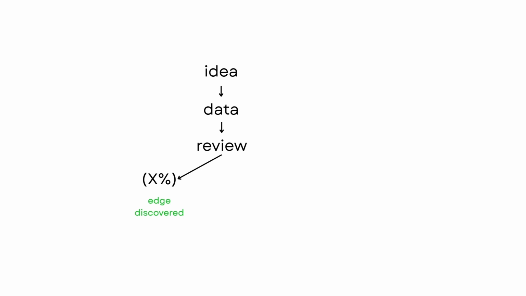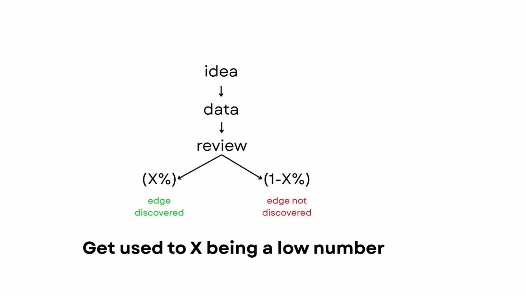It is either an idea that can make our existing strategy better, or an idea that could be for a completely brand new strategy. Since there's an X% chance that we find an edge or an improvement, that means that there is a 1 minus X% chance that we don't find an edge, okay?